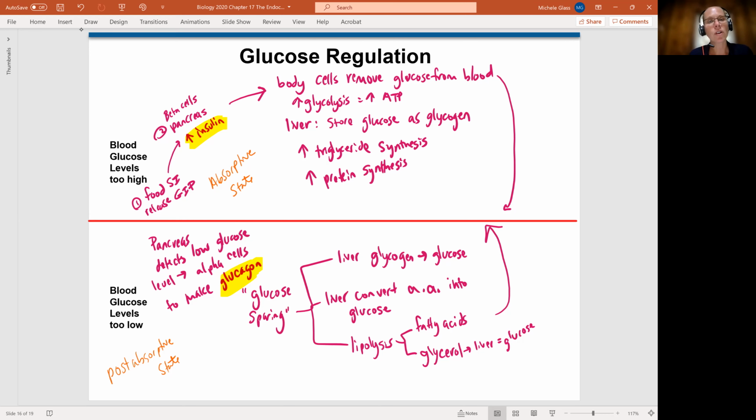And then after you're done eating food, you're not eating food anymore. This is usually when we're at rest, really asleep. Then we switch to this post-absorptive state where we're not getting this nutrient coming in. And so in this case, we have to be very careful about our use of glucose. And that's when we're switching to these glucose sparing activities.